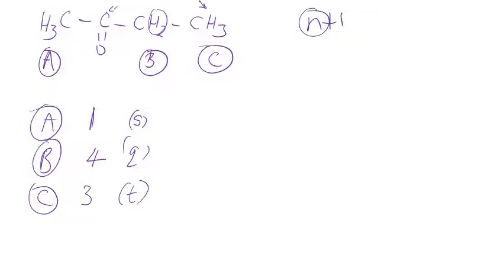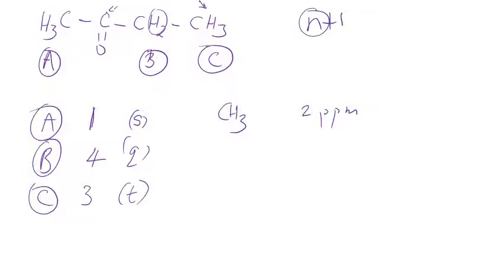So if you look at your data booklet, the CH3 next to a carbonyl, a carbonyl would put it at around 2 ppm, because a normal methyl group will be about 1, but the carbonyl will de-shield it, so it'll be about 2 ppm.